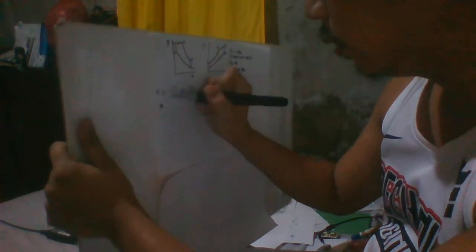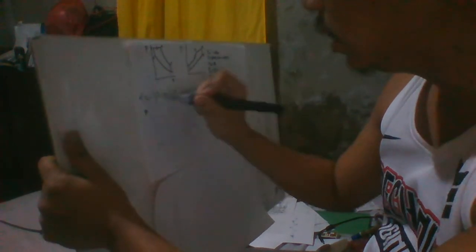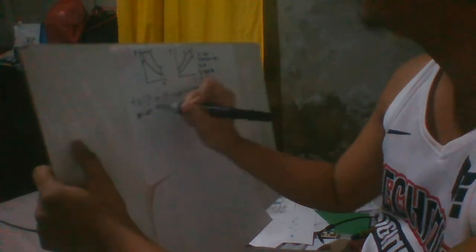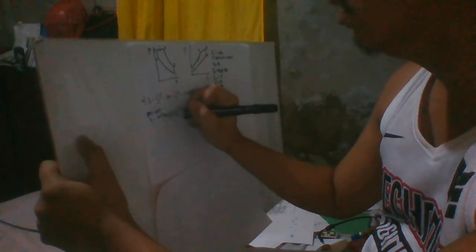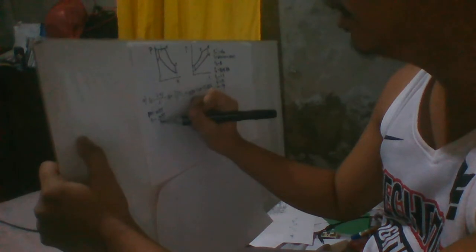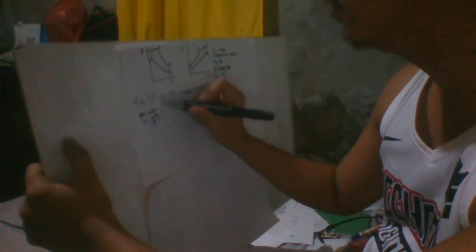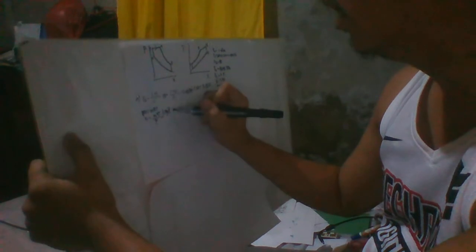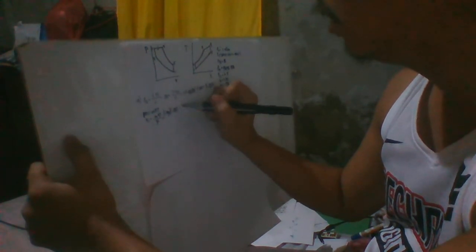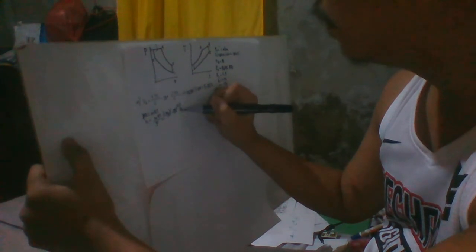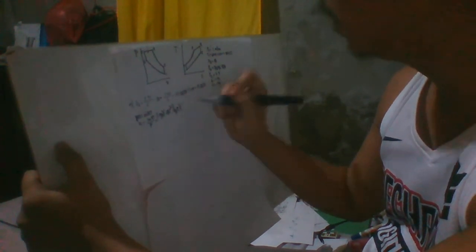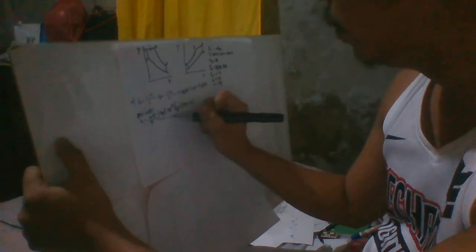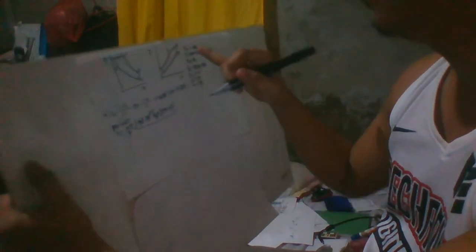By using the ideal gas equation, PV equals MRT, so V1 is equal to MRT over P. Substituting the given: 1 kilogram times R of air, 0.287 kilojoule per kilogram Kelvin, times the temperature, which is 333.3 Kelvin, over pressure 1 of 1 atm.